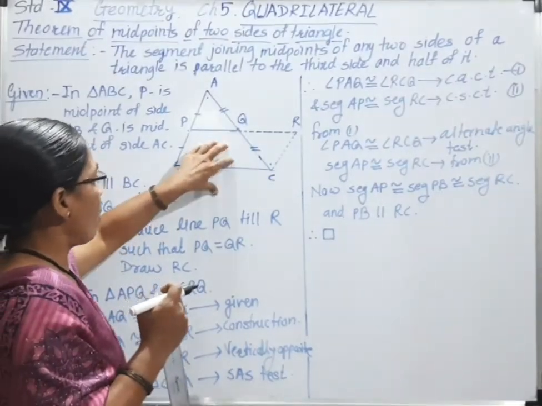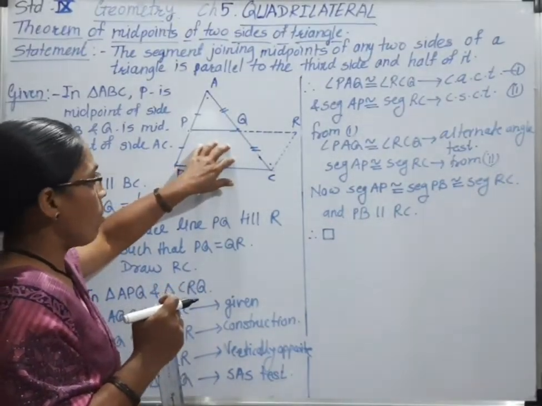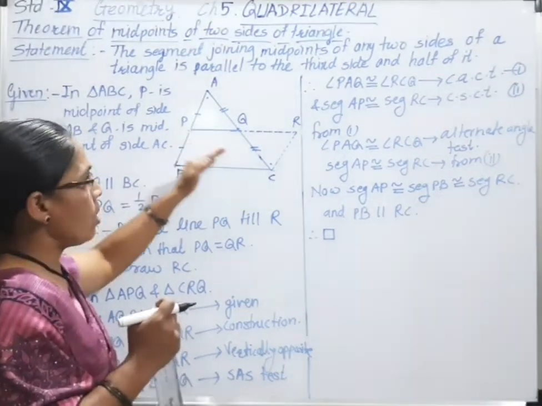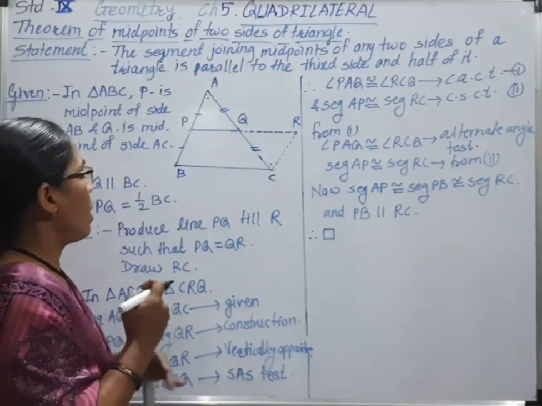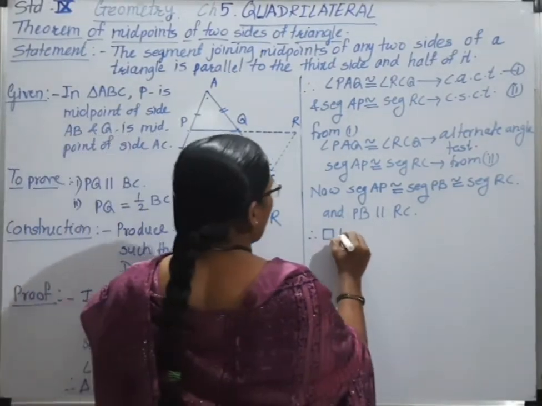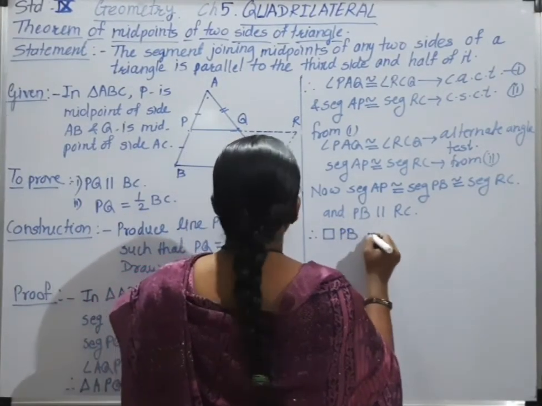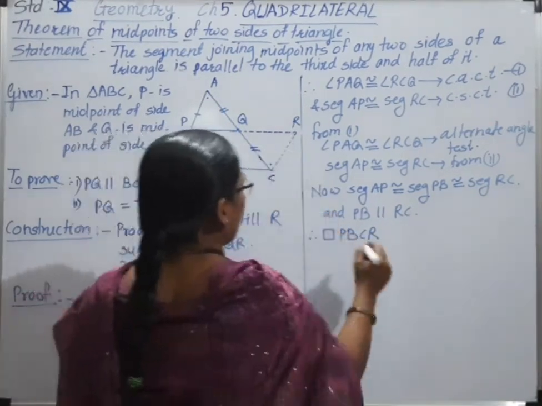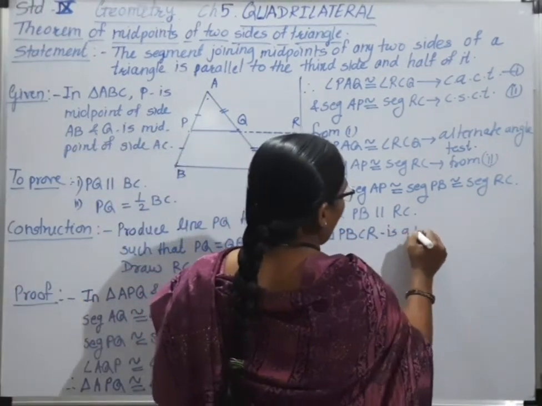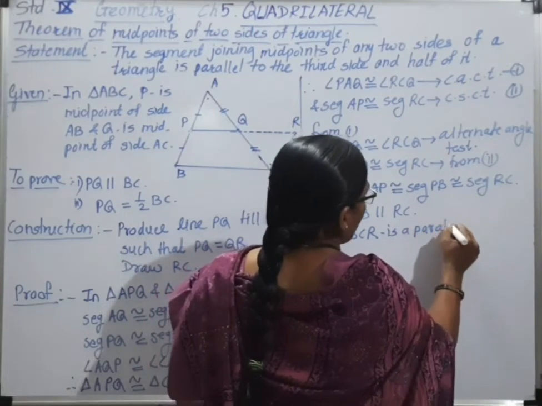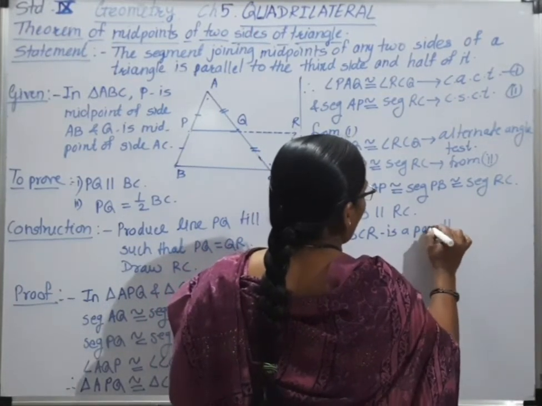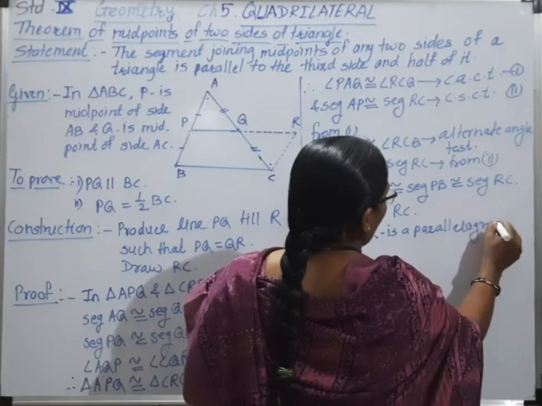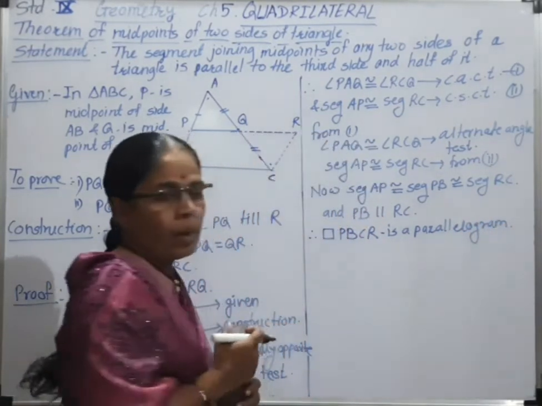Here we are getting this quadrilateral, which is a parallelogram because opposite sides are parallel and congruent also. That's why quadrilateral PBCR is a parallelogram.